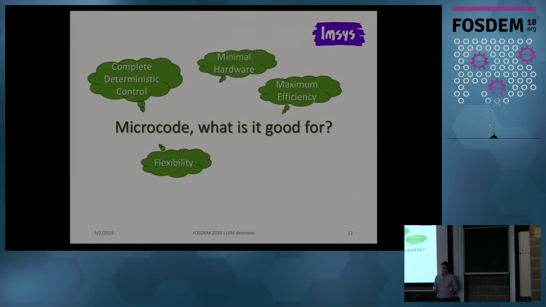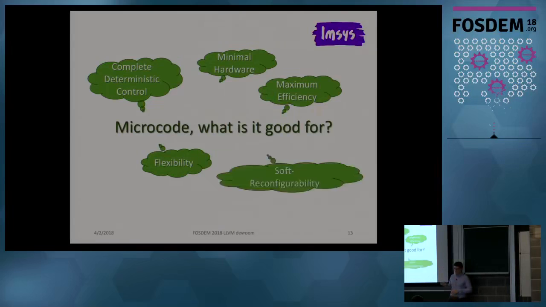We can develop a general purpose instruction set architecture, but we can also microcode special digital signal processing features like FFT or encryption and so on. And also, since microcode is a very special kind of software which is stored in a special memory in our processor, we can overwrite the microcode, we can reconfigure the device dynamically. So that's also an important feature for the future.